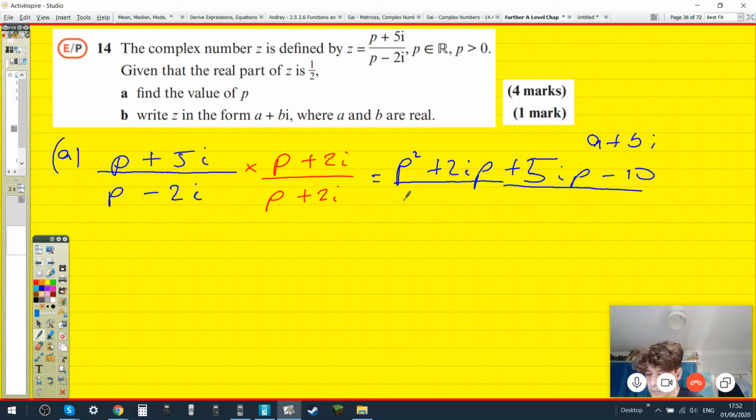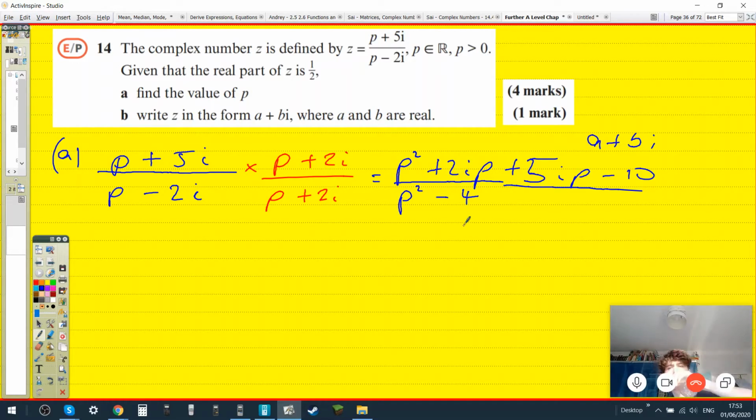And the bottom is p squared, it's just the first two numbers, so p squared plus 4.